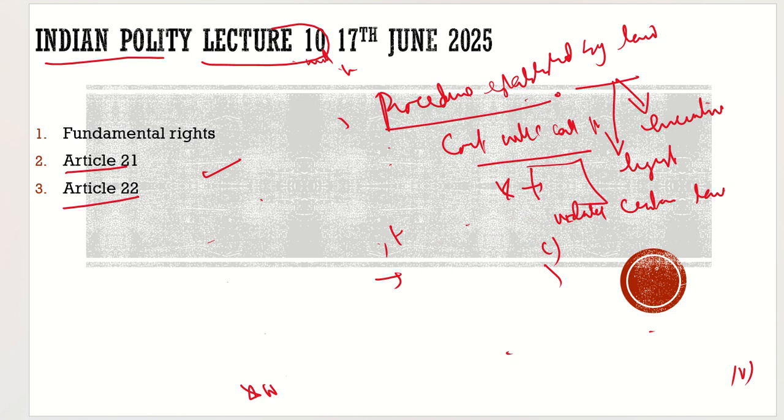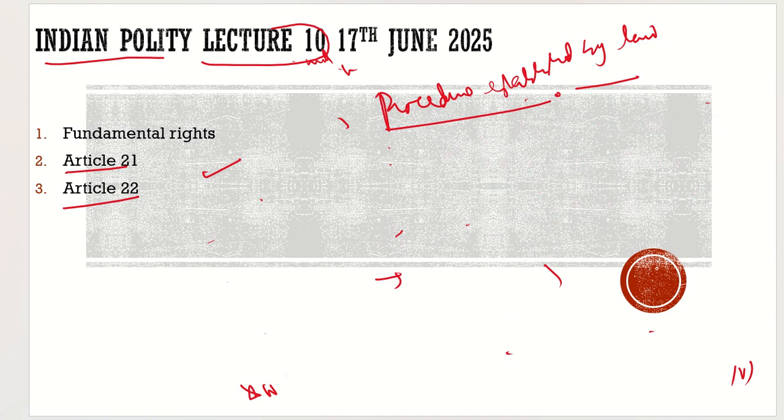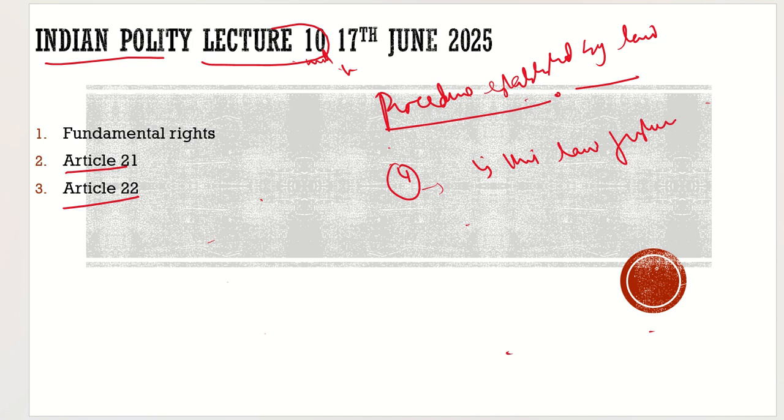Under procedure established by law, we understood that there are three things which the courts will ask. First, is there any law, whether the law is valid or not. Third, was the procedure, were the rules followed while you were arrested. In the USA there is a fourth term. What is that? Is this law justified?